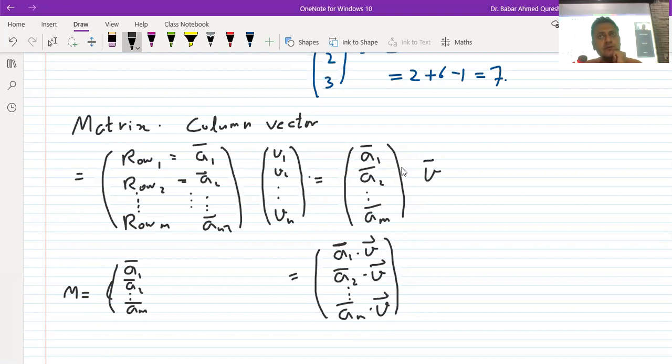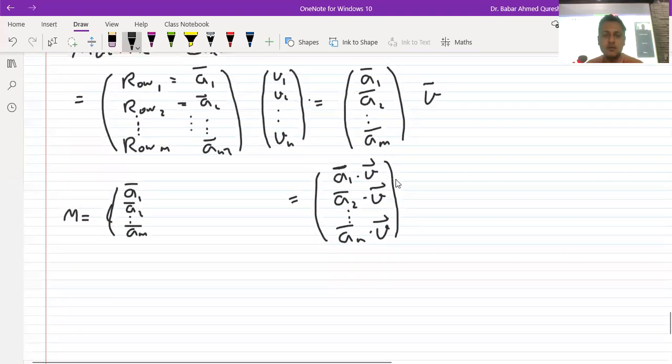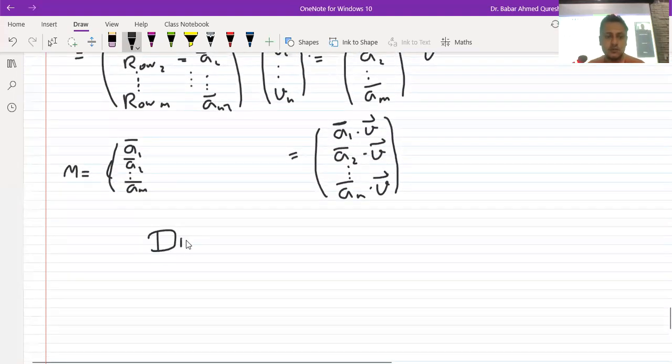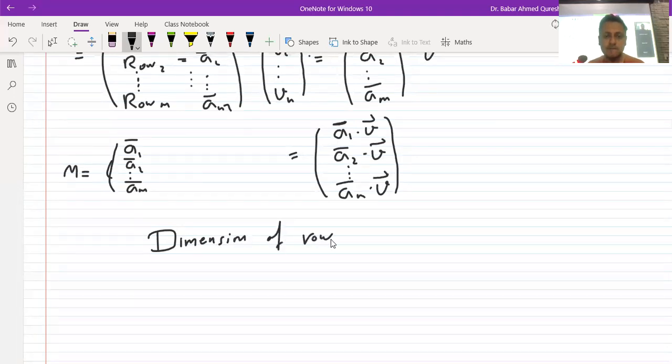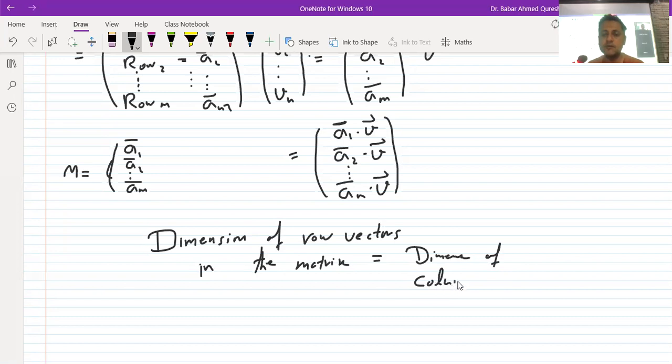Its dimensionality must match with the dimension of the V, because you can define the dot product only if the two vectors have the same dimensionality. So the dimension of row vectors in the matrix must be the same as the dimension of the column vector you are multiplying it with.